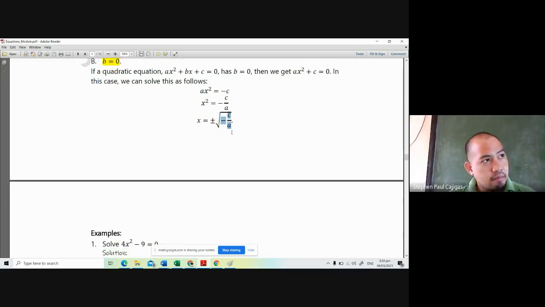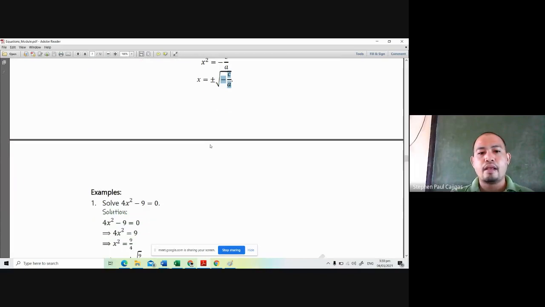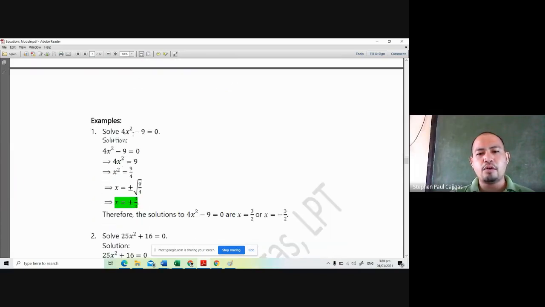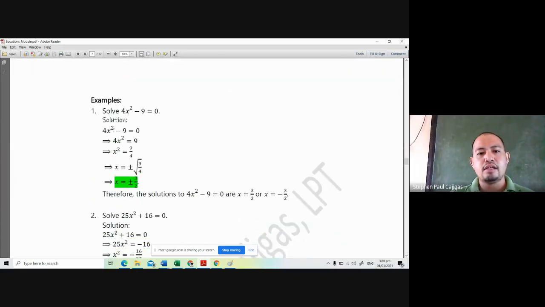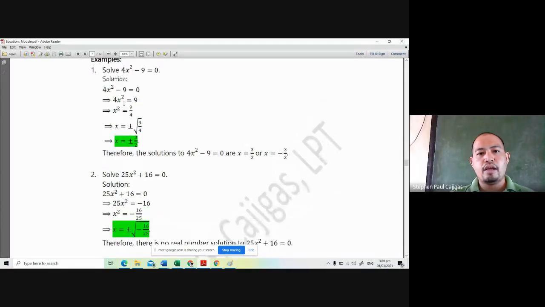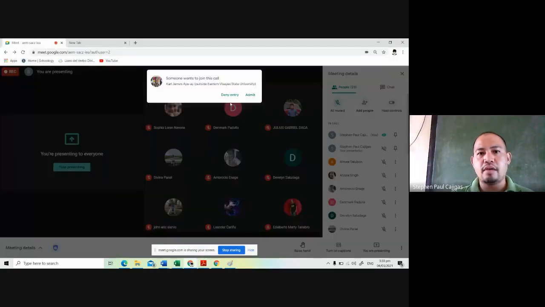There is no number that, when squared, gives a negative answer. So we have some examples here, and these are very easy. Again: transpose, divide, then get the square root plus or minus.